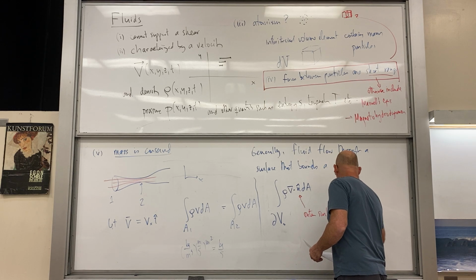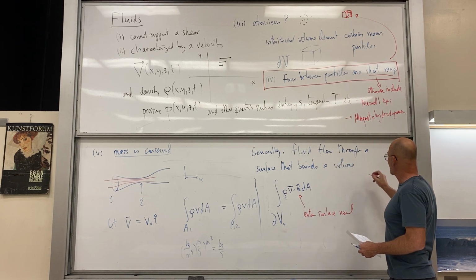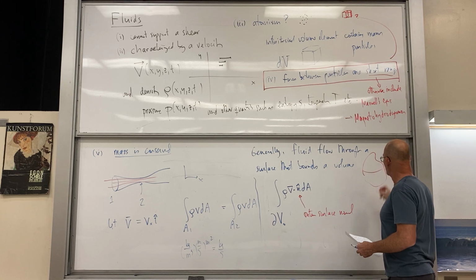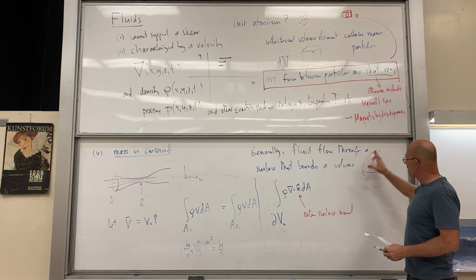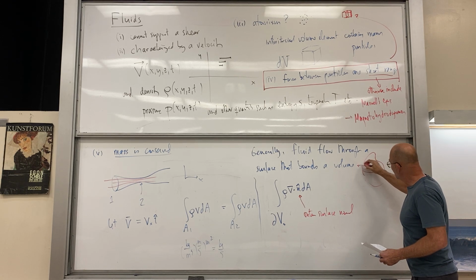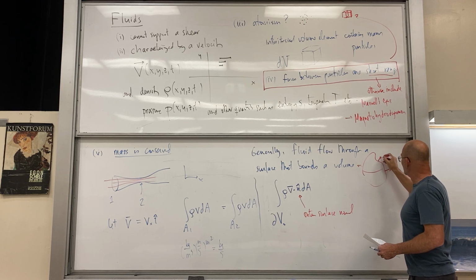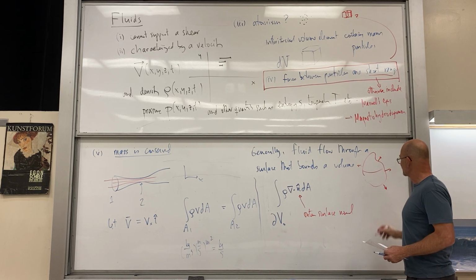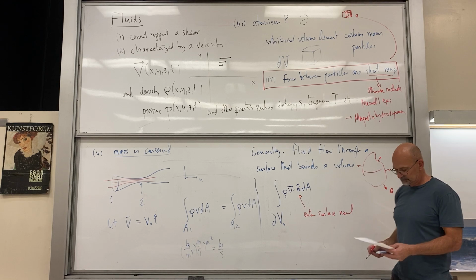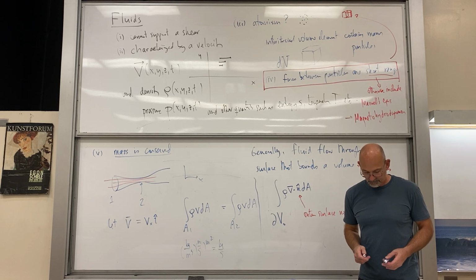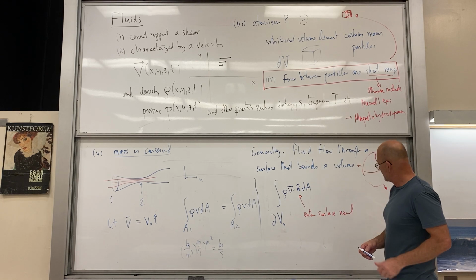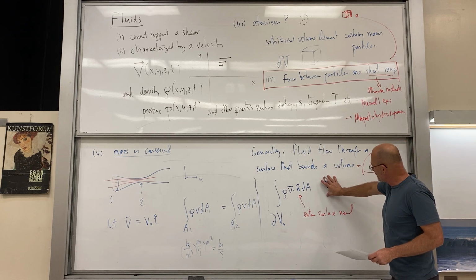Outer surface normal. So yeah, we've got some volume here and fluid flowing out of it. Outer surface normal is like that always. Those are n hat. So that's on the one side.